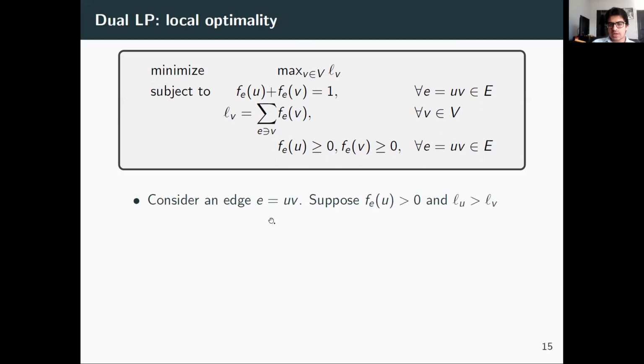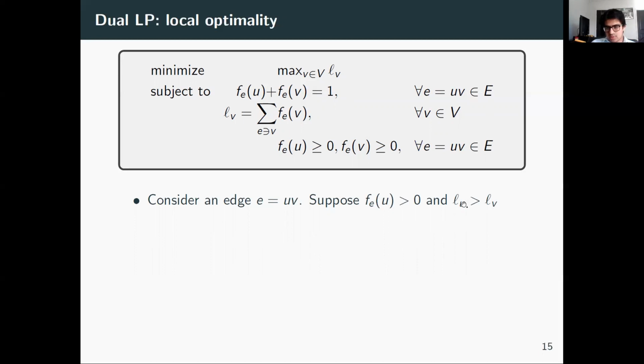Now consider some edge E, which is UV, and suppose it assigns some non-zero amount of load to one of its endpoints, say U, and it so happens that U overall has higher load than the other endpoint V, right? In this case, there is a simple way to make this load assignment slightly more balanced, at least a little bit more.